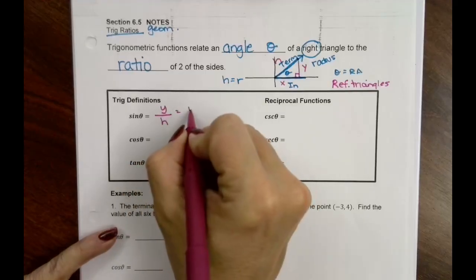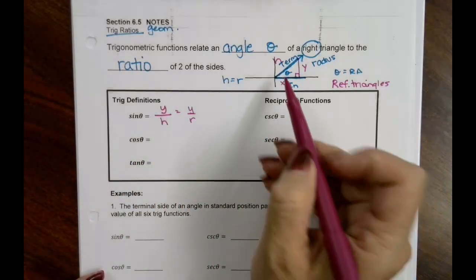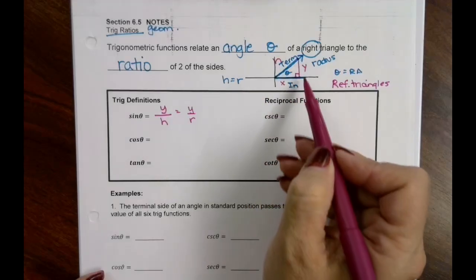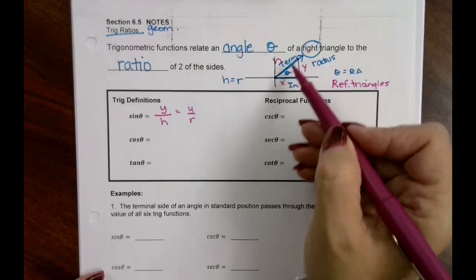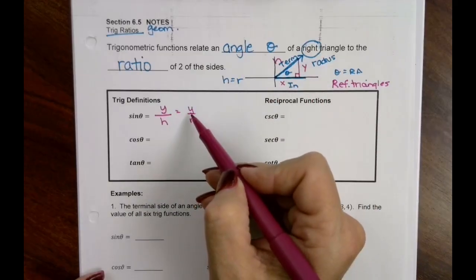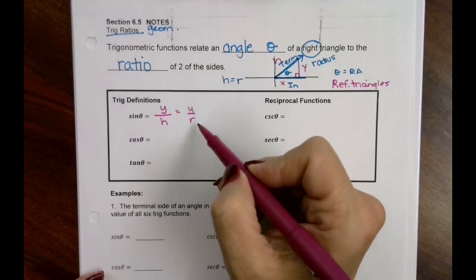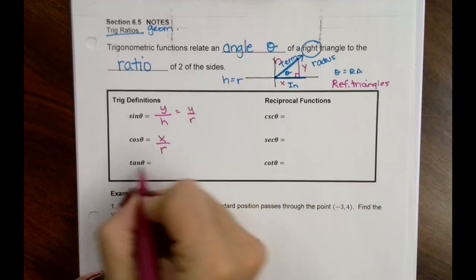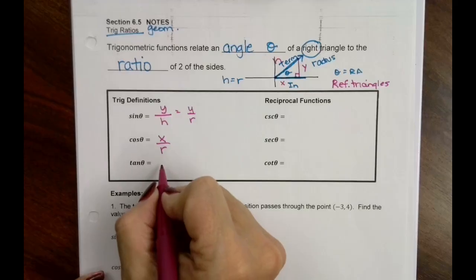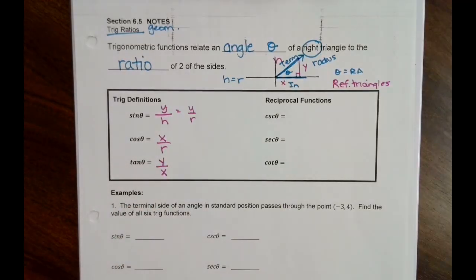I can also say y over my vector radius, because remember what we're doing in trig is everything that we have is a circle, and so this is a radius. So my y component, my vertical component, over my radius. Cosine is always going to be x over r, and tangent is always going to be the y term over the x term.